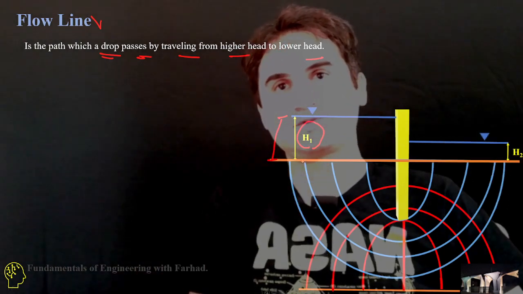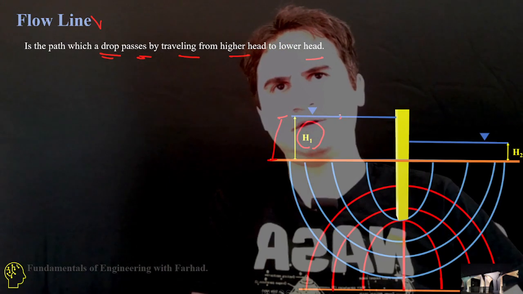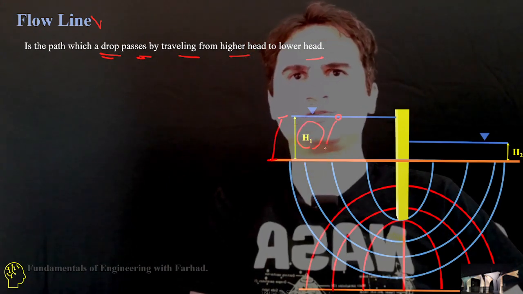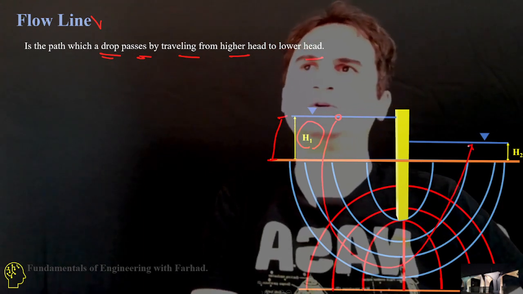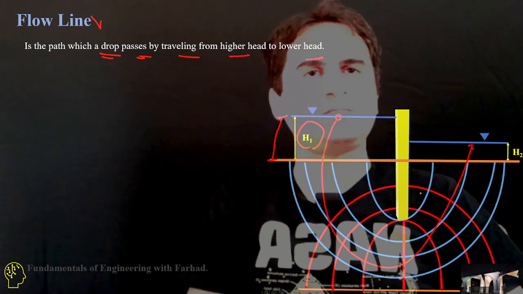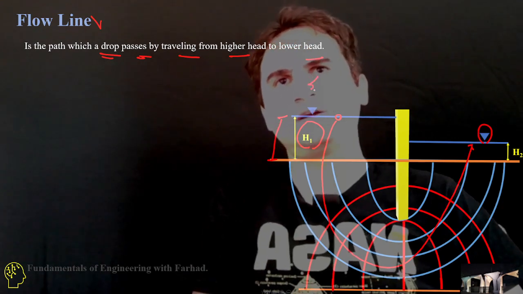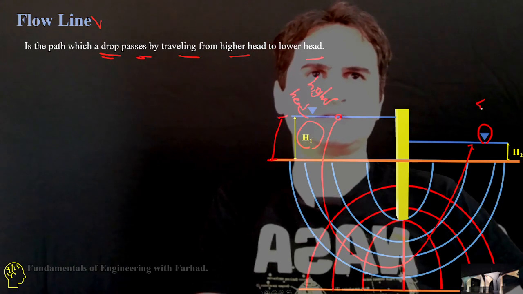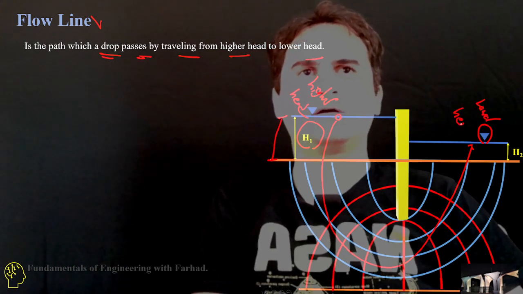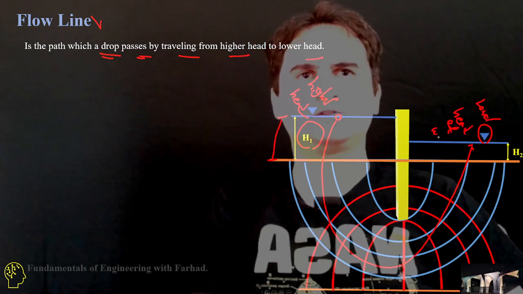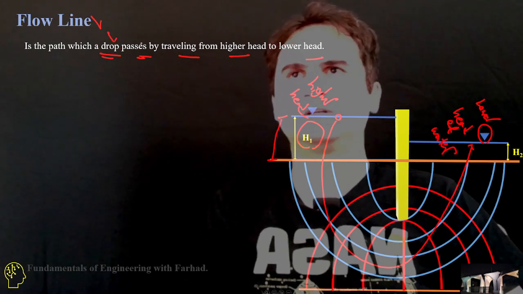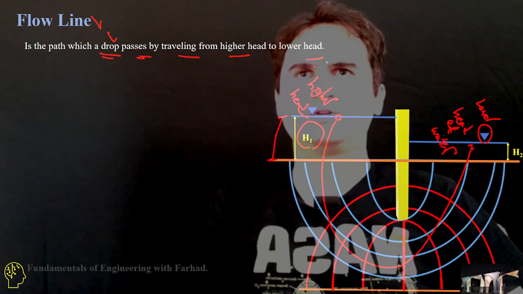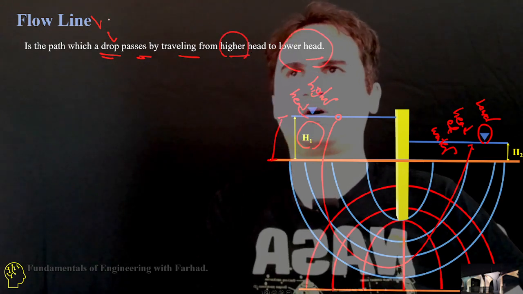If we assume we have a droplet from here, this droplet wants to travel all over the places to reach the lower head. This is the higher head of water, and this is the lower head of water. The path which a single droplet travels to reach the lower level from the higher one is called flow lines.